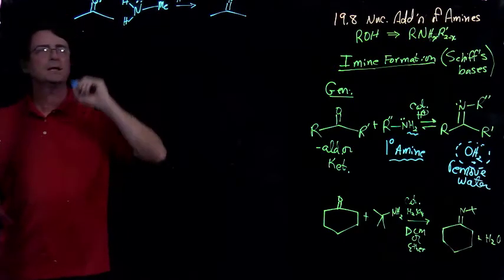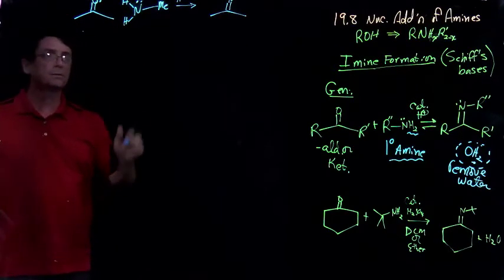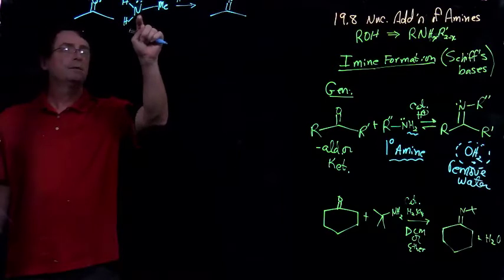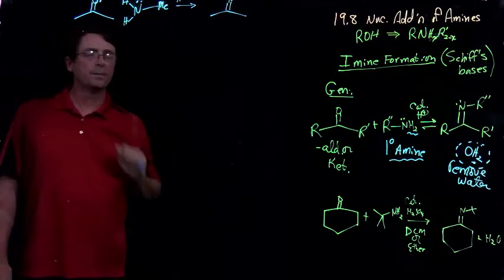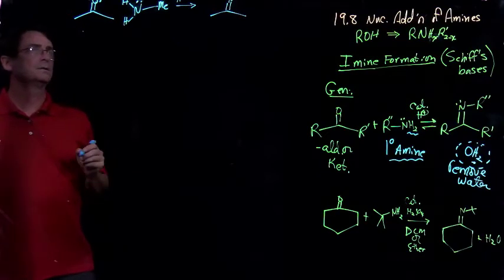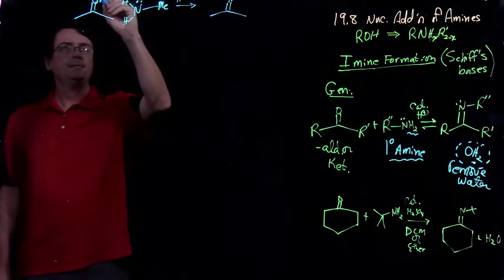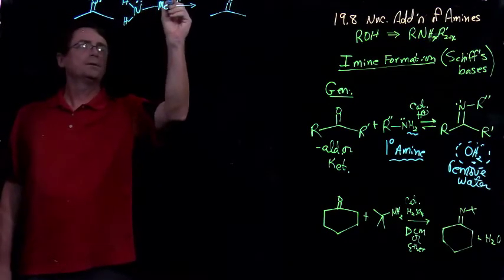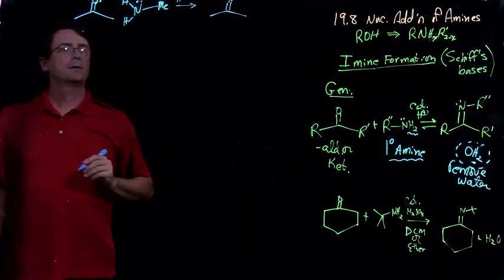And if, in my mentioning it, it doesn't make sense to you, you can't write the reaction of the amine and the acid in a reversible manner, then reach out to me for an office hour or Q&A session and we'll look at it. But what will also happen is that we will protonate the carbonyl.